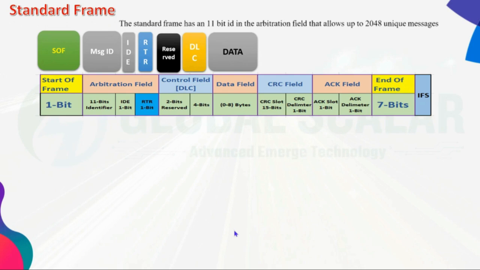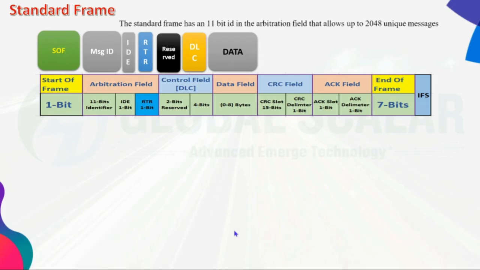So the data field understands that 0001 is 1 byte of data to send. Similarly, if I have 0010, which in binary is 2 bytes, then the data field understands that 2 bytes of data are being transferred.